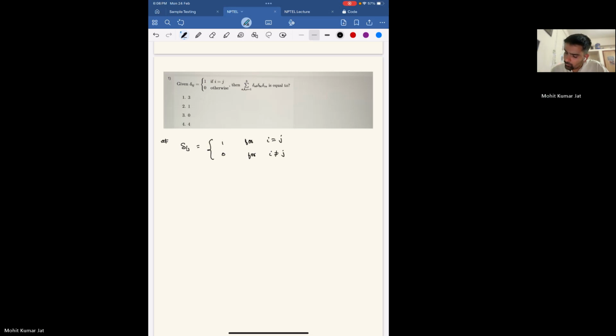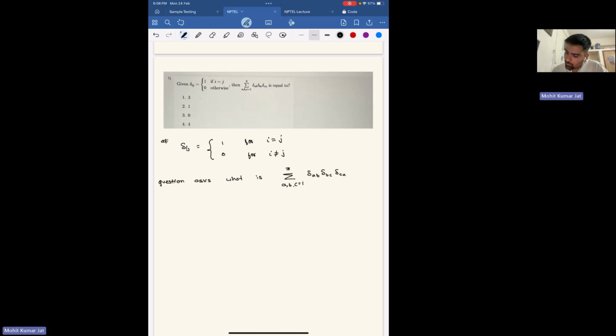Now the question asks, what is the summation over a, b, c equals 1 to 3 of del ab, del bc and del ca.